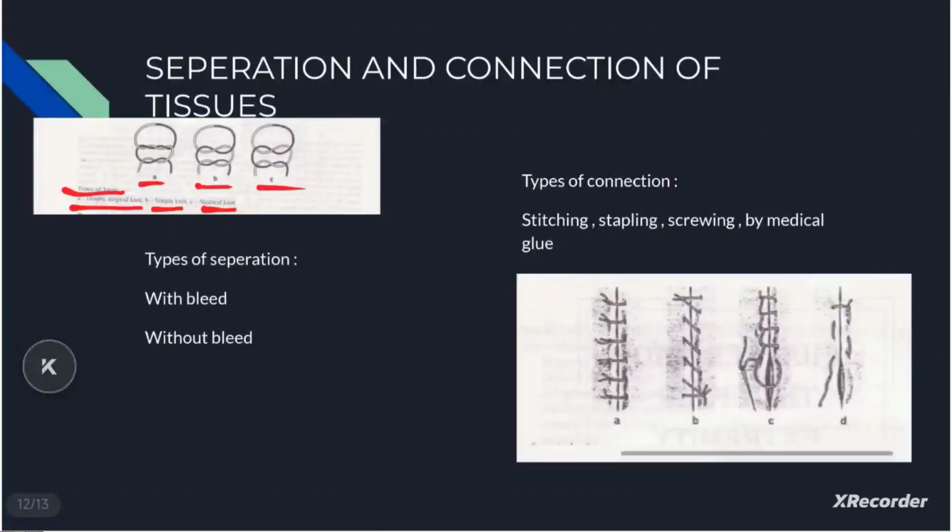Now, types of separation. They are with bleeding and without bleeding. With bleeding, it is done by the sharp method, using a scalpel, and the blunt method.